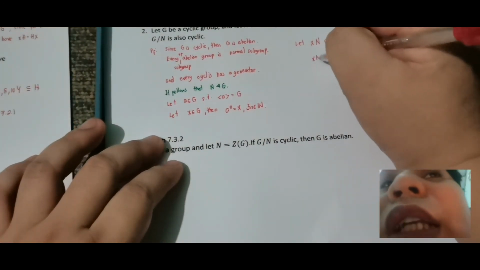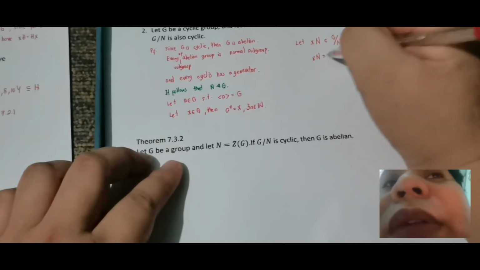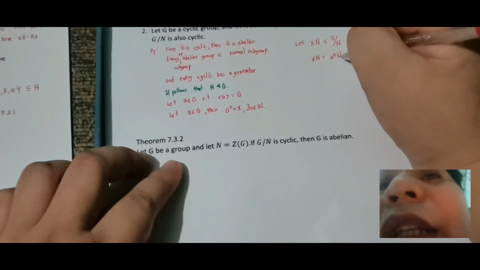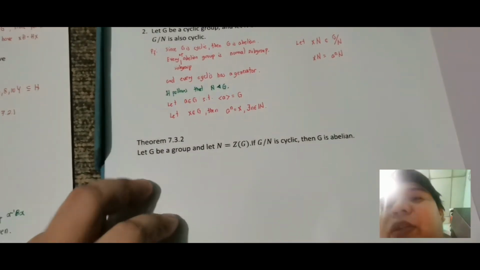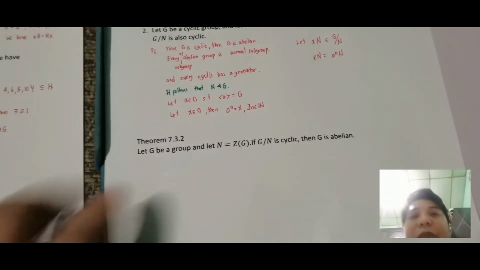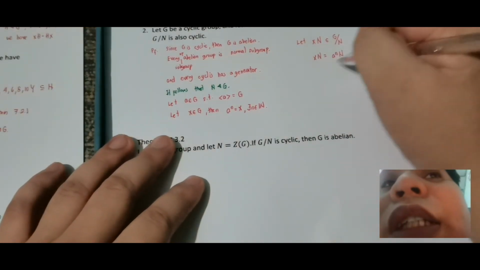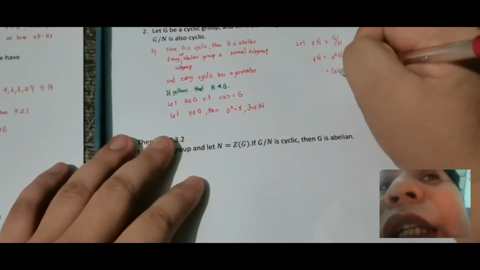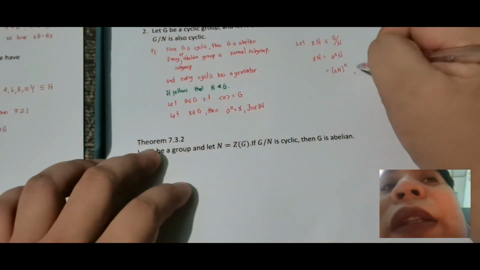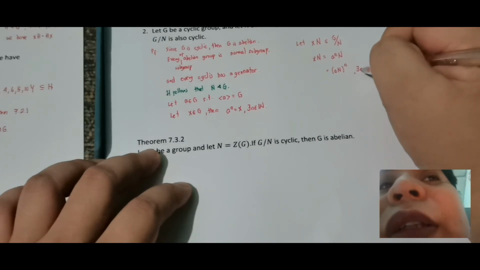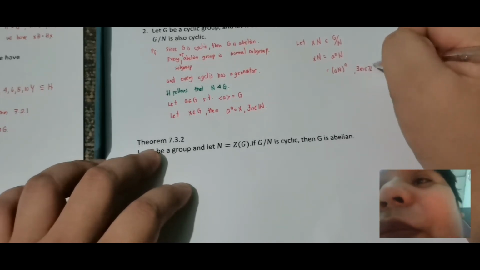So note that X times N is equal sa A raised to N times N. And also, we all know that yung N is yung order ng A. So since N siya, pwede ko sabihin na ganito siya. This is just equal lang sa A times N, raised sa N. Again, this is for some N, element ng positive integers.